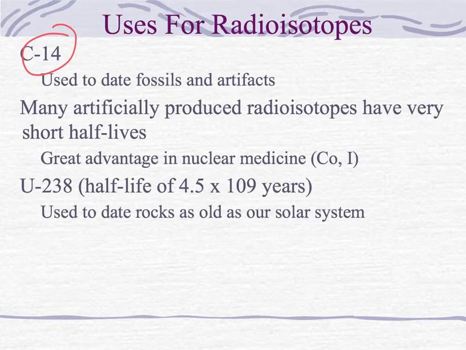Some of the radioisotopes are actually man-made, artificially produced, and a lot of those we might use in nuclear medicine. Uranium-235, now look at the half-life on uranium-235. That's like 4.5 billion years. And that's how we were able to discover how old our universe is based on dating rocks with the uranium.